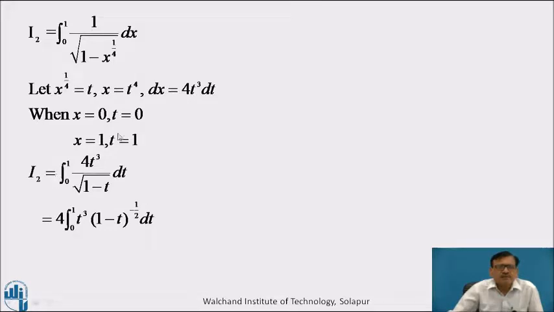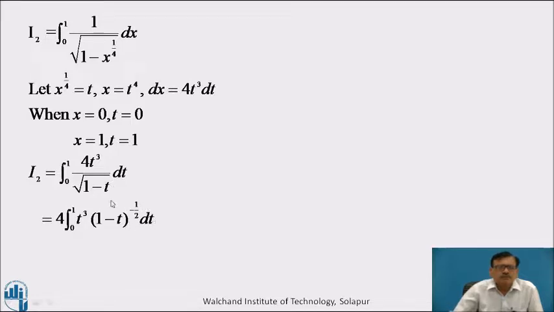And using these substitutions in the given integral, we get I2 equal to integration from 0 to 1, where dx is 4t cube dt, divided by square root of 1 minus t, which is equal to 4 into integration from 0 to 1 t cube into 1 minus t raised to minus 1 by 2, taking the square root of 1 minus t to the numerator.